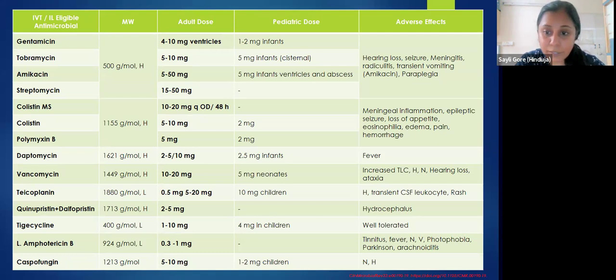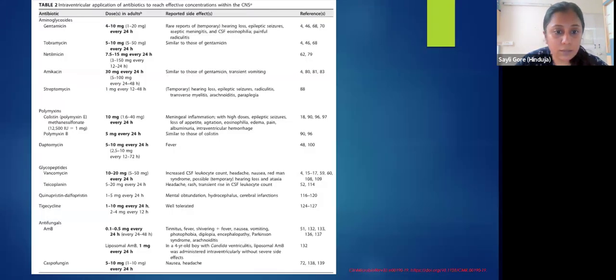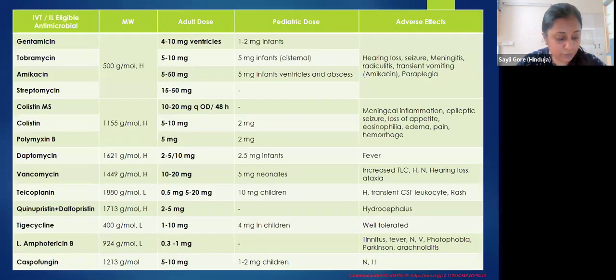Many adverse effects have also been reported with these antibiotics, but they can be overlooked because you need to treat the patient with meningitis. The different adverse effects are given in that table. This is the same table, I just made it easier for you all to understand.